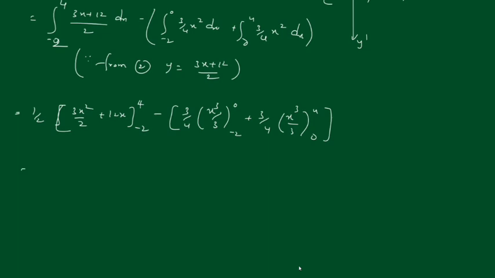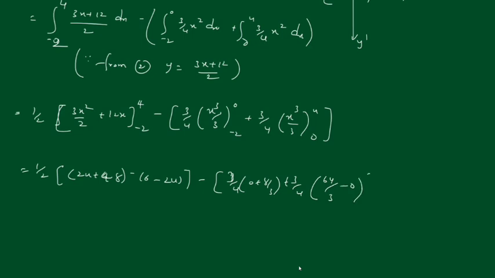So now 1 by 2 into 24 plus 48 upper limit, minus 6 minus 24 lower limit, minus 3 by 4 into 0 plus 8 by 3, plus 3 by 4 into 64 by 3 minus 0. So simplifying this, what we get here is 72 plus 18 minus 2 plus 16, which is equal to 45 minus 18. Finally we get 27 square units as the required bounded area, right?